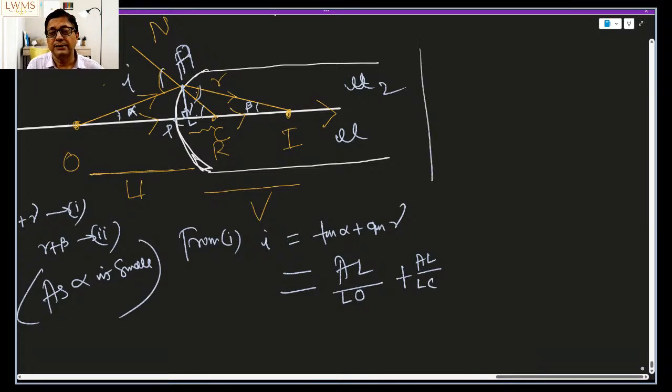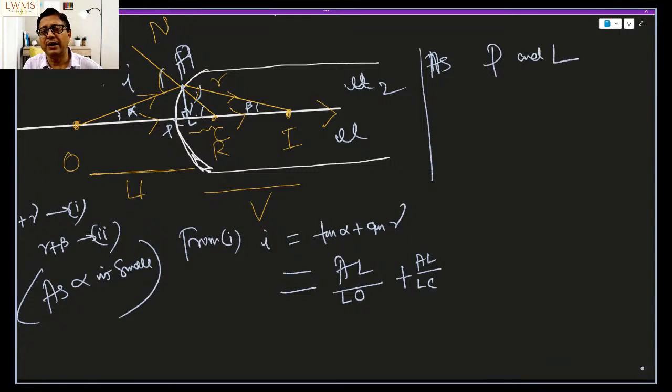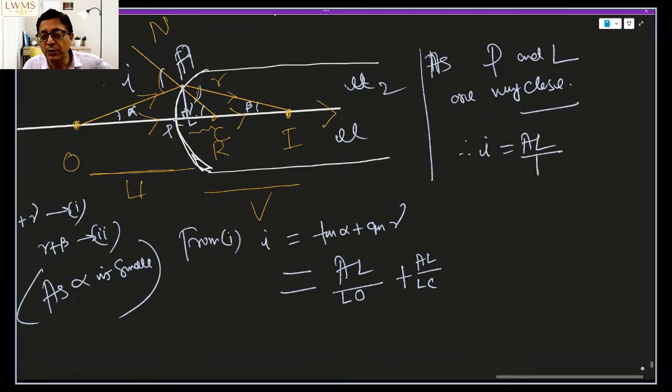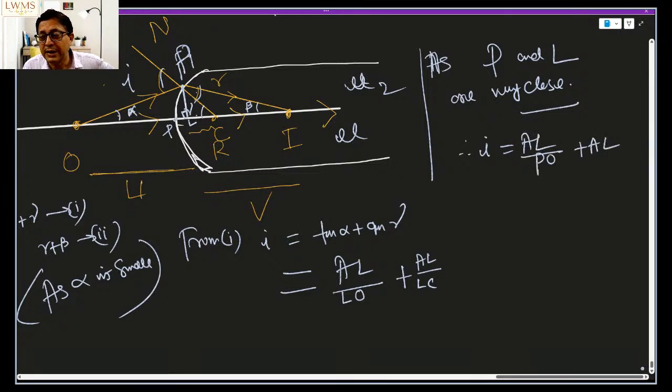Now as P and L are very close, I can write it as AL by PO plus AL by PC. Clear? You take this as number 3.